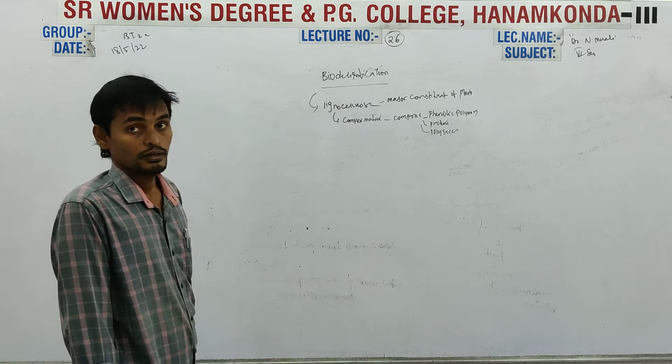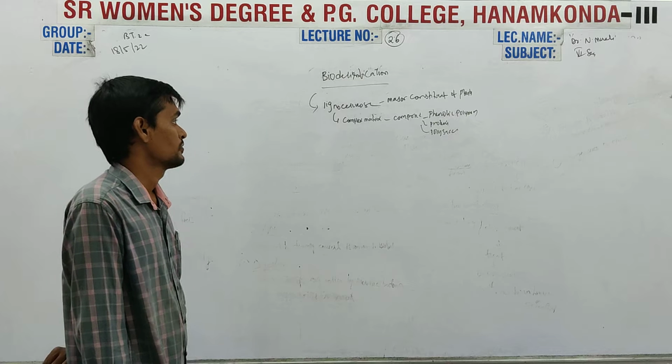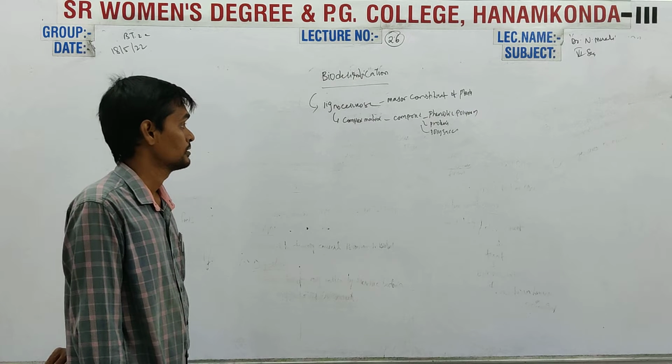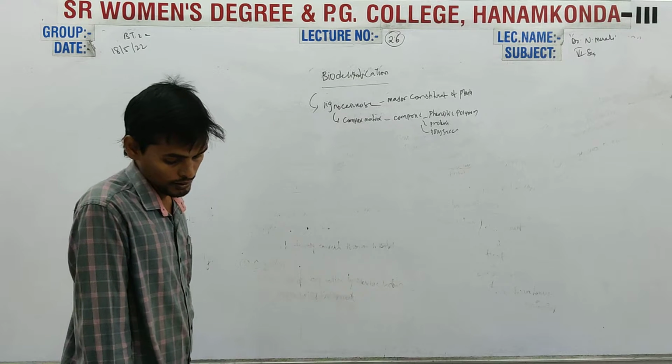So lignocellulose is an important major constituent of plants, which forms the complex material composed of phenolic polymers, proteins and polysaccharides.